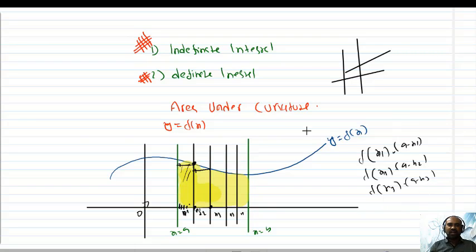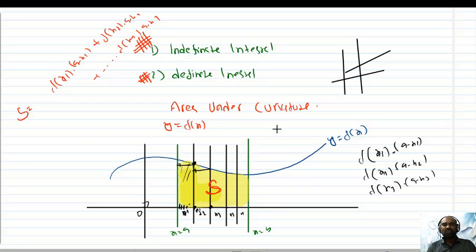They added all of them. For example, the area of the region is denoted by S. S is nothing but f of x1 into x1 minus a, plus f of x2 into x2 minus a, plus so on, f of xn into xn minus a. Assume that they divided it into n pieces.